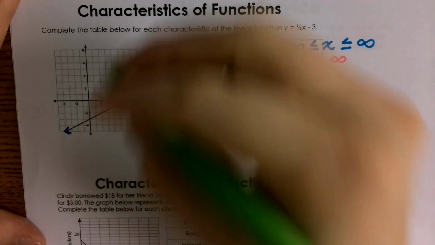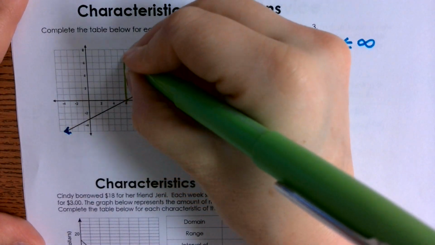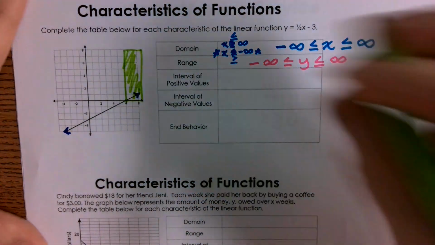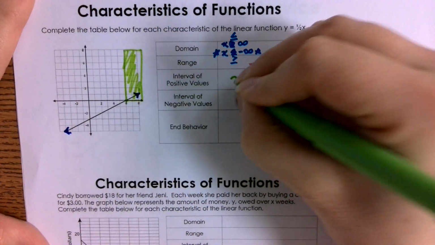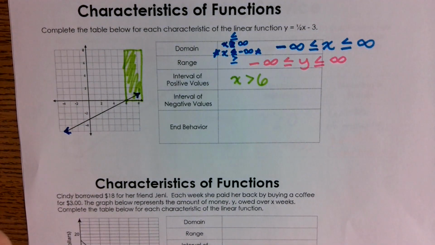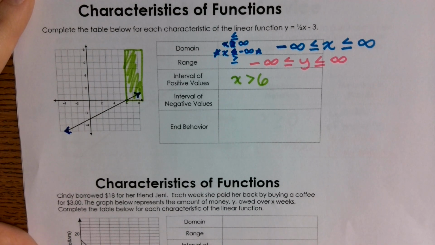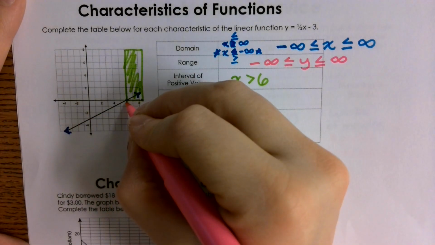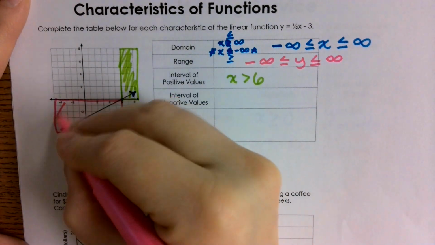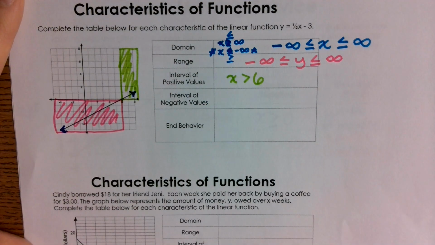It's 6. Starting at the value of 6, we're going to be able to extend above the x-axis. So that means that x is going to be greater than 6. When x is greater than 6, that's when we start extending above the x-axis. So the opposite of it, when x is less than 6, that's where we're going to fall below the x-axis.